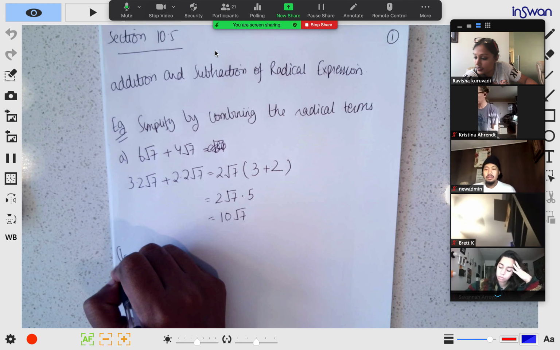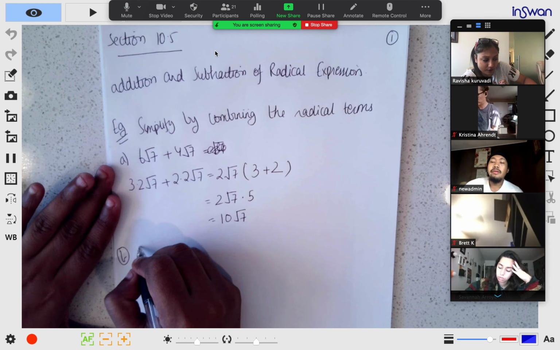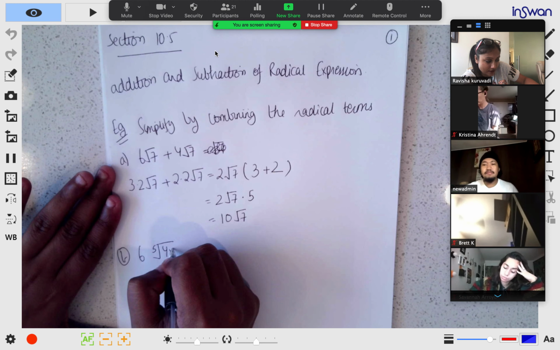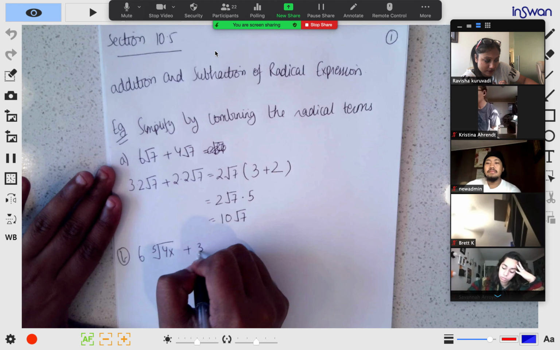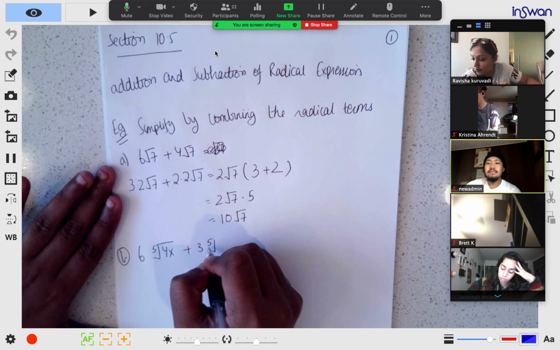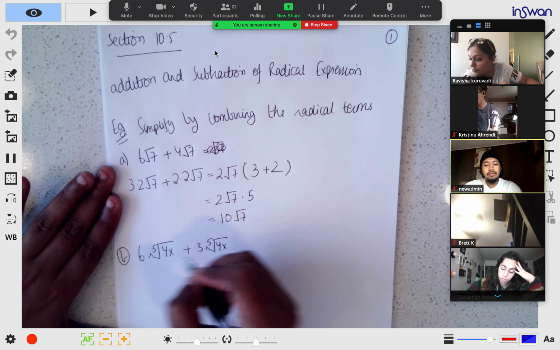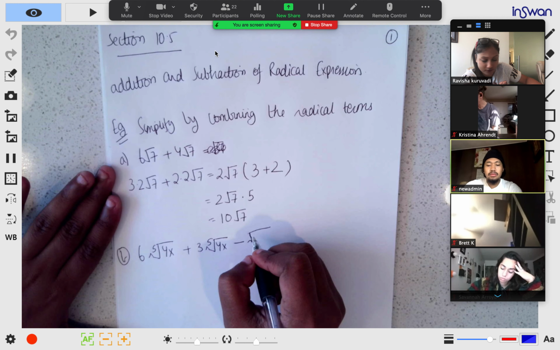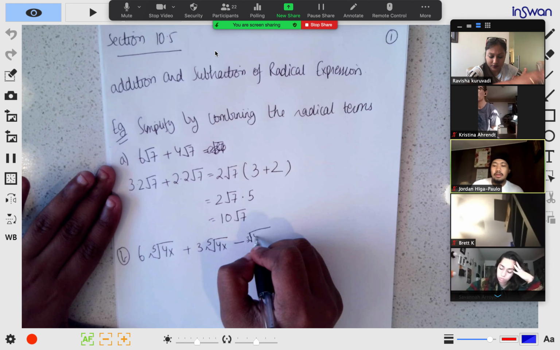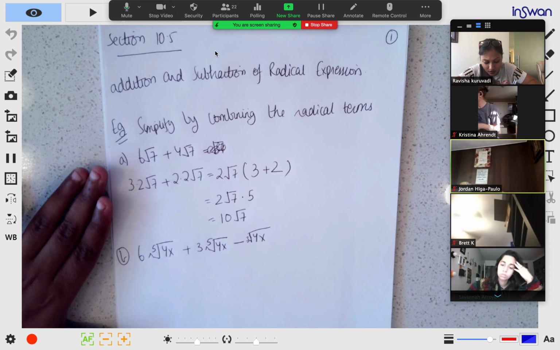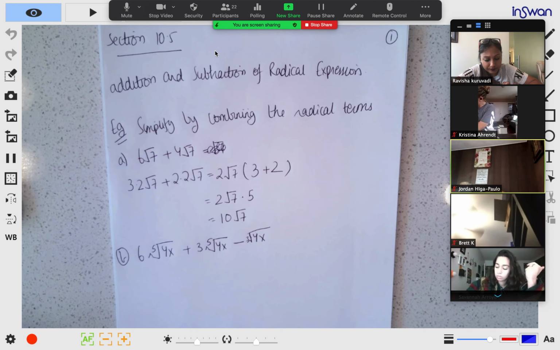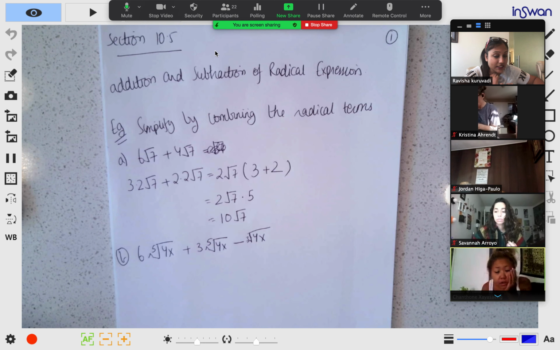So you have 6 fifth root of 4x plus 3 fifth root of 4x, and then you have minus third root of 4x. Chanthon, for this thing, let's see what's common.